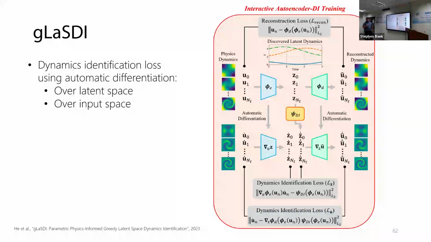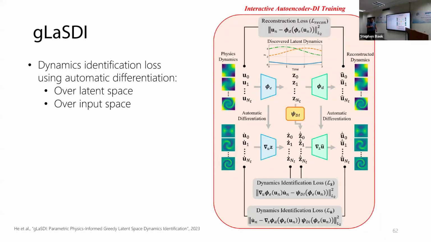One is the reconstruction loss. The reconstructed fields should be the same as the original field, is what the reconstruction loss is about. So this is the usual reconstruction loss in the autoencoder literature.